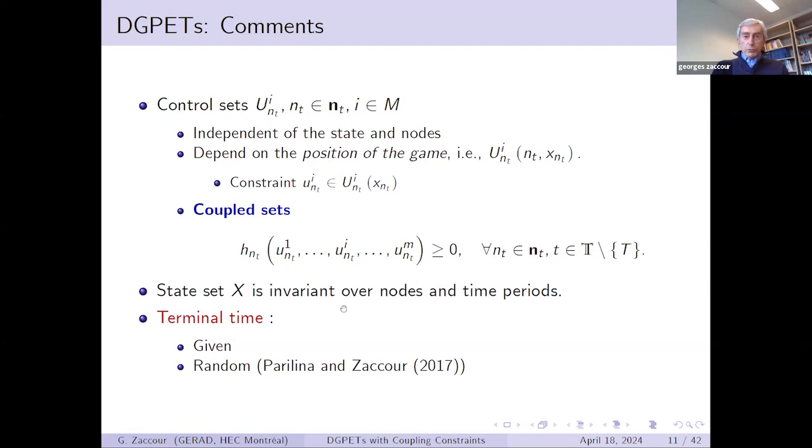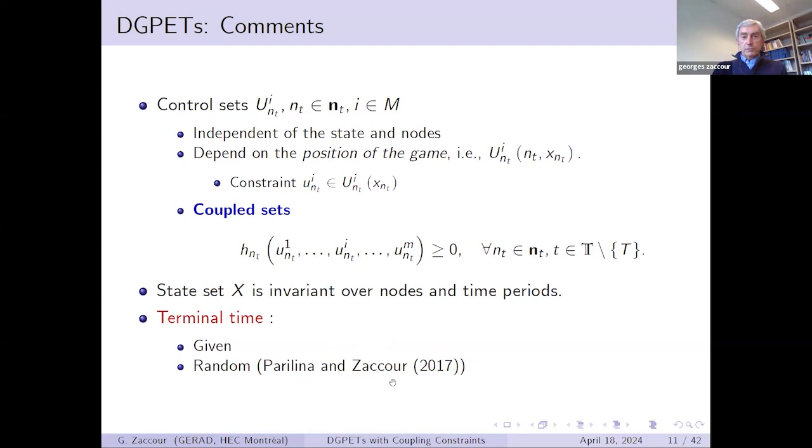I will assume throughout the presentation that the state set is invariant over nodes and time periods. This is essentially to simplify the presentation. Now, the terminal time can be given, as I'm going to assume here, but in fact, the whole theory that has been developed in this area can be extended to the case where the terminal time is random.